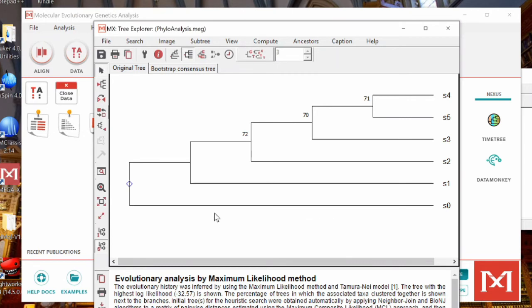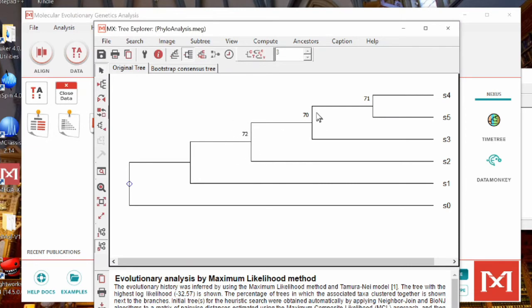So now, bootstrapping. The reliability of the tree reconstruction can be inferred from the bootstrapping number. Say, for example, this one, 72. 72 means percent. Out of 500 reconstructions, 72% converged on this particular branching point, so they agreed on this branching.